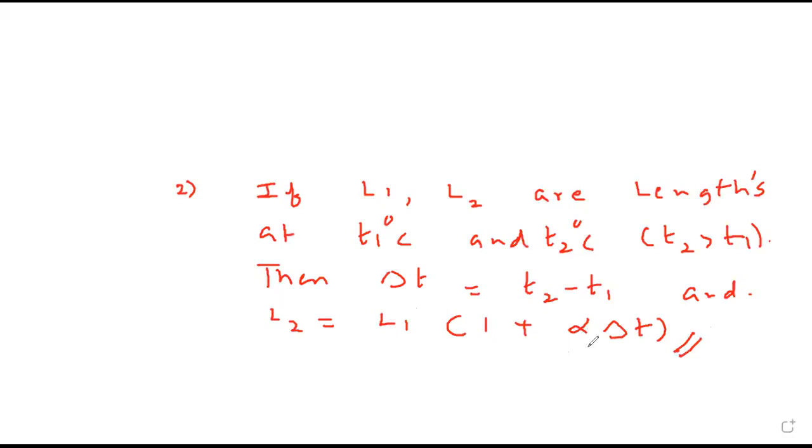Because alpha doesn't change that rapidly, we can relate with any length. Higher temperature length is lower temperature length times (1 plus alpha delta T). So second point, write down: not necessary every time starting temperature is 0.